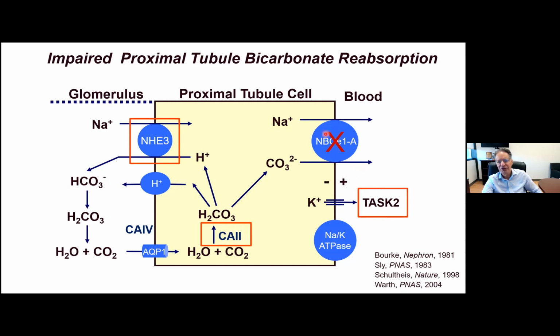And so even though NBCE1A is intact, the potential is gone to a large extent. And so you've lost the so-called electrical driving force for driving sodium carbonate out of the cell in these mice.